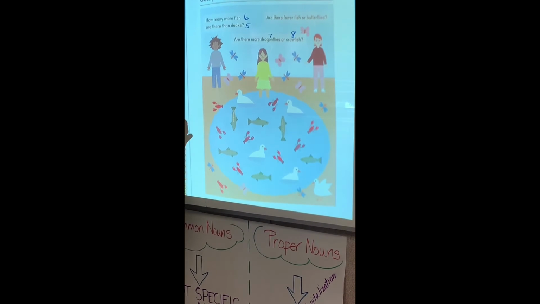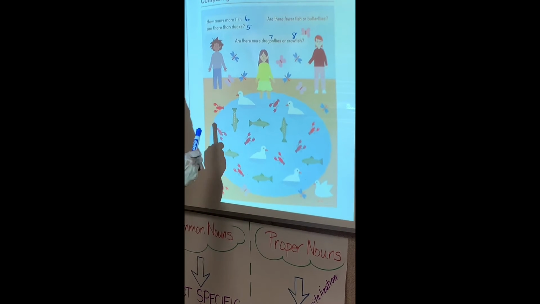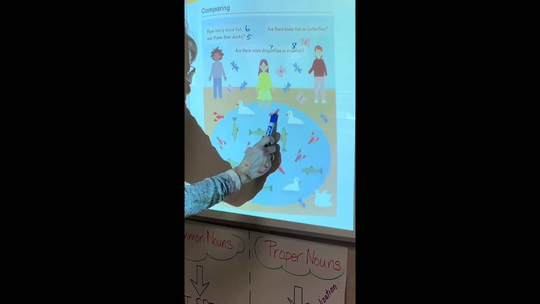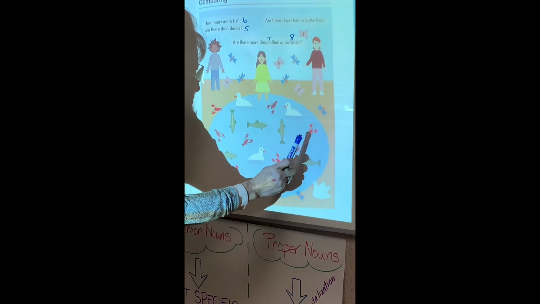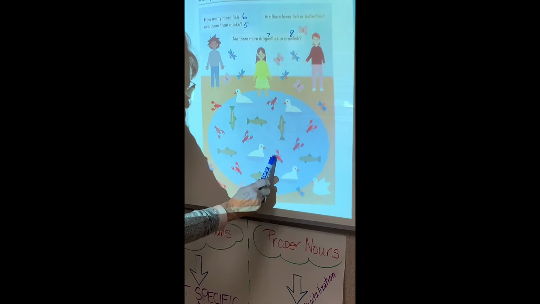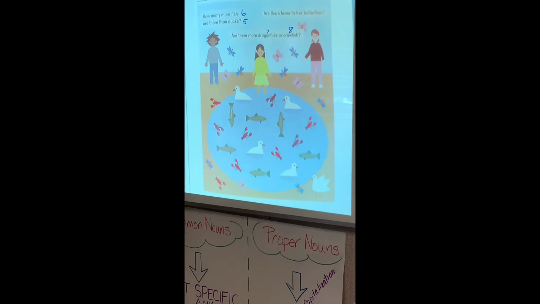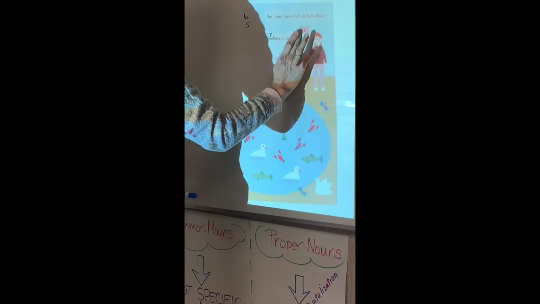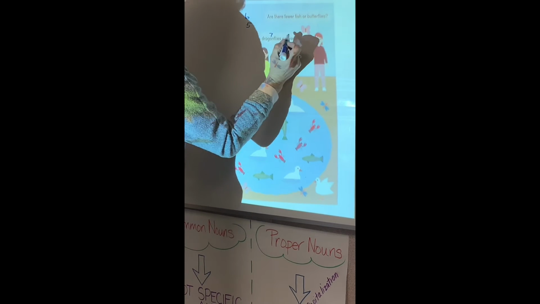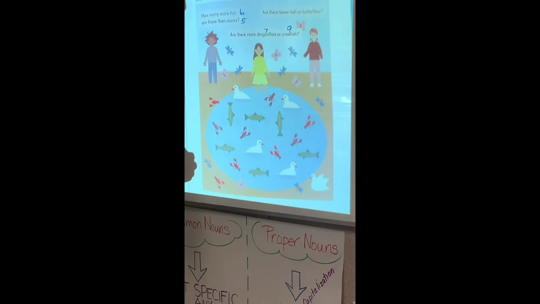But let's count them again because those crawfish, they're kind of tricky. 1, 2, 3, 4, 5, 6, 7, 8, 9. There's 9 crawfish. Mrs. Marshall made a mistake. I better count a third time just to make sure, okay?